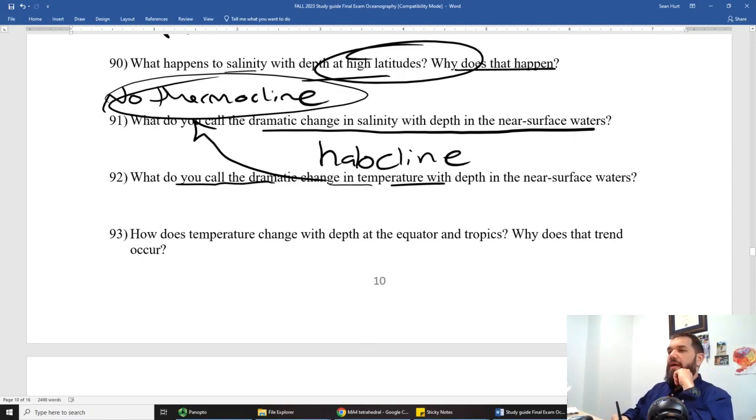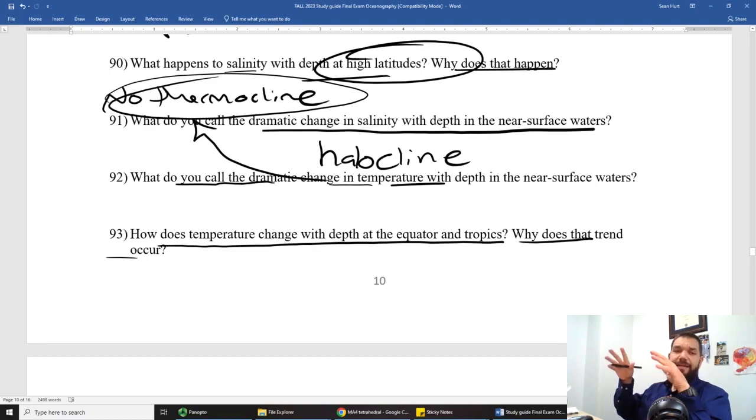All right, now, how does temperature change with depth at the equator and the tropics, and why does that change occur? Just like I was just explaining, at the equator and tropics, where you have a lot of solar radiation, a lot of sunlight, you get a lot of hot water sitting on top, and as you go down, the temperature just plummets really quickly.